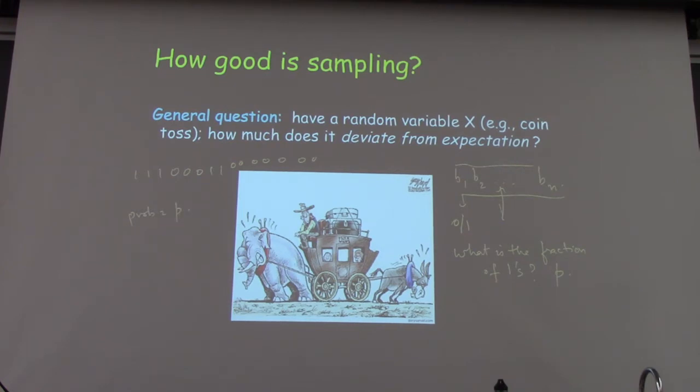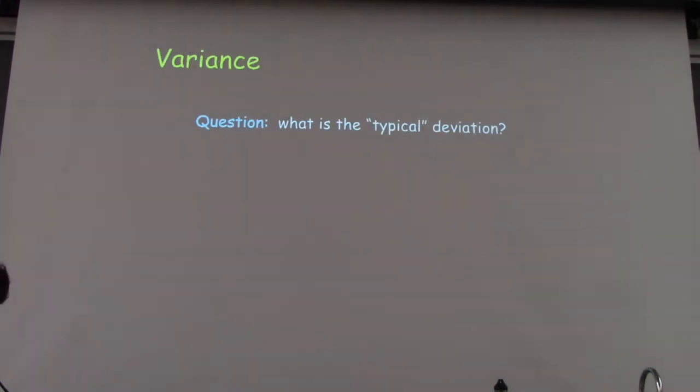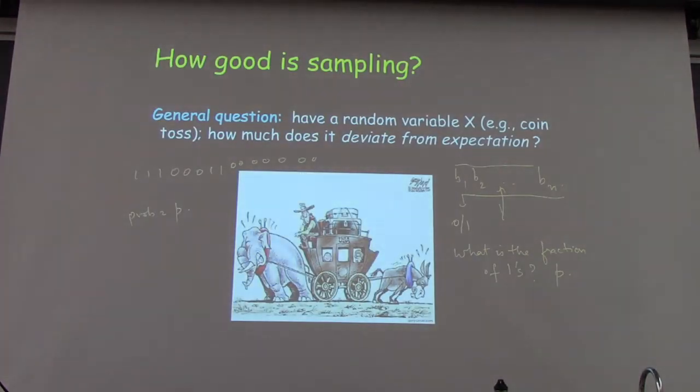So this is a fact which we use when we try to estimate or predict elections and things like this. So you say, I'm going to sample a bunch of random indices, and I'm going to check what fraction of the sample is equal to 1.